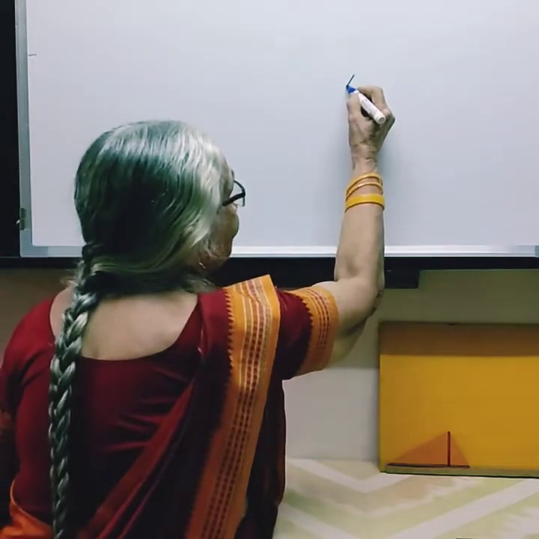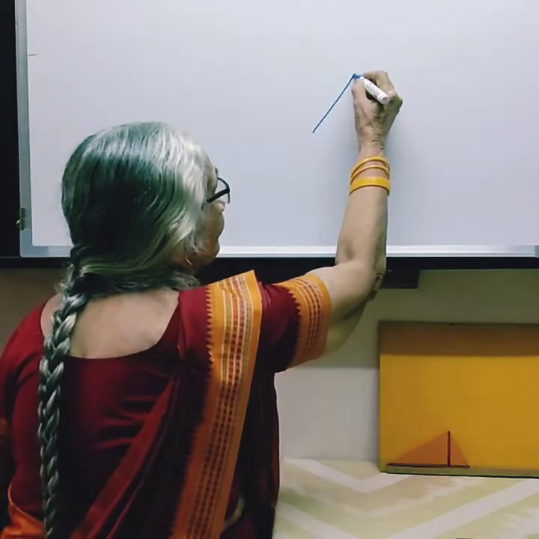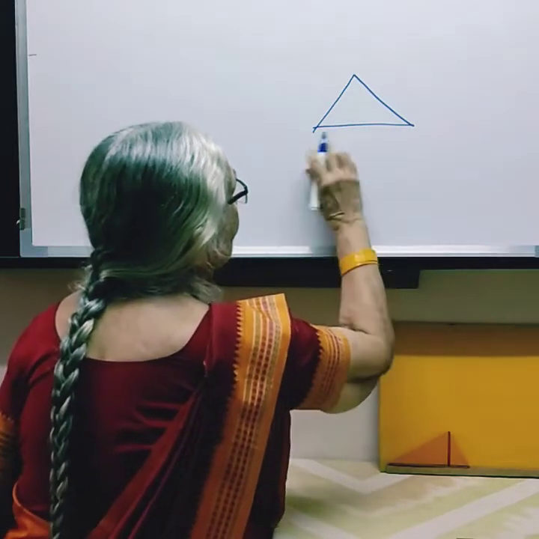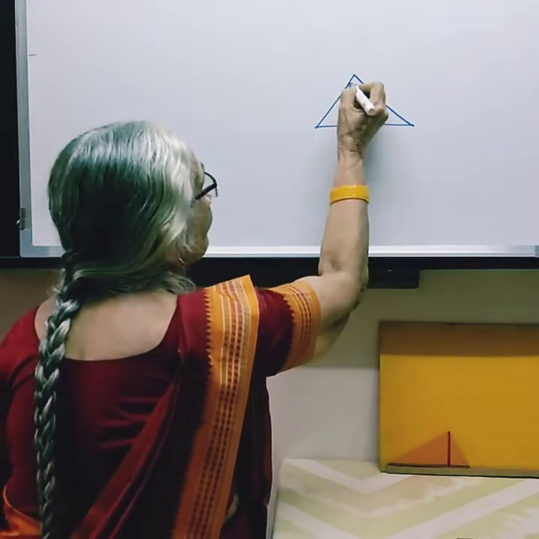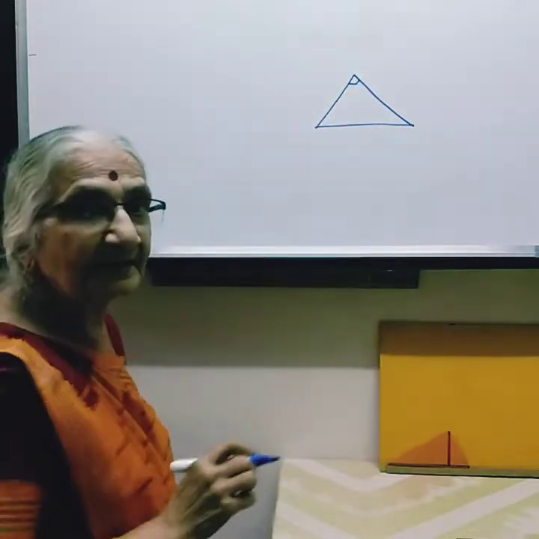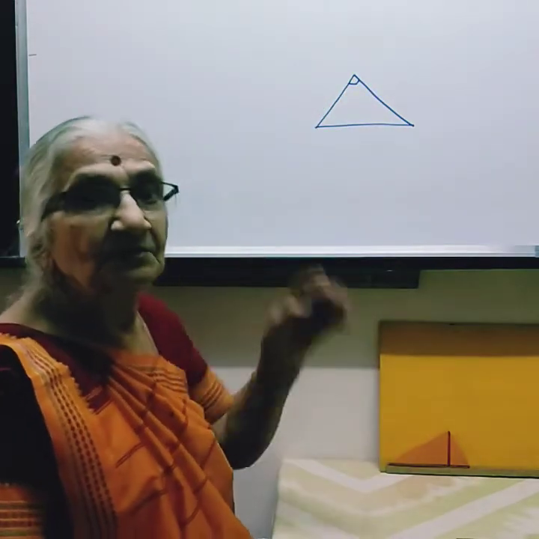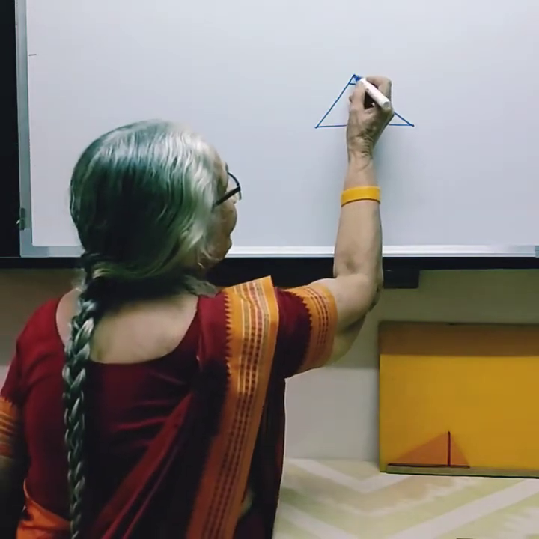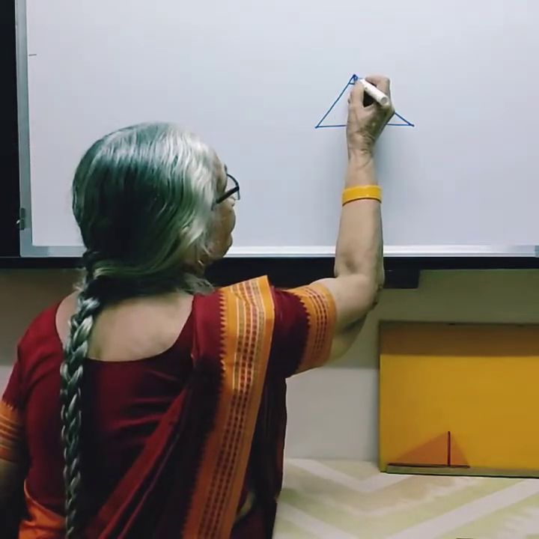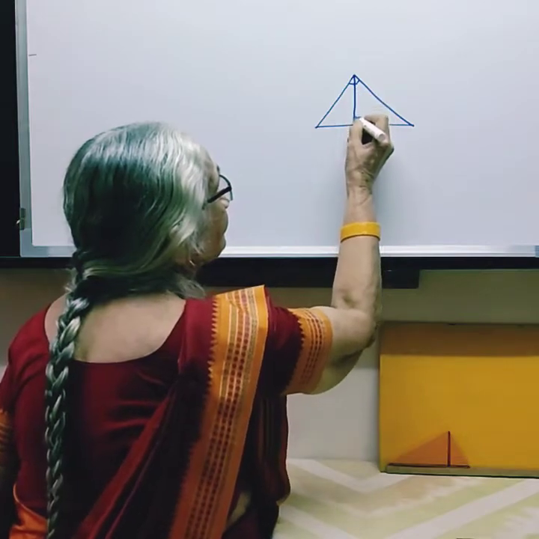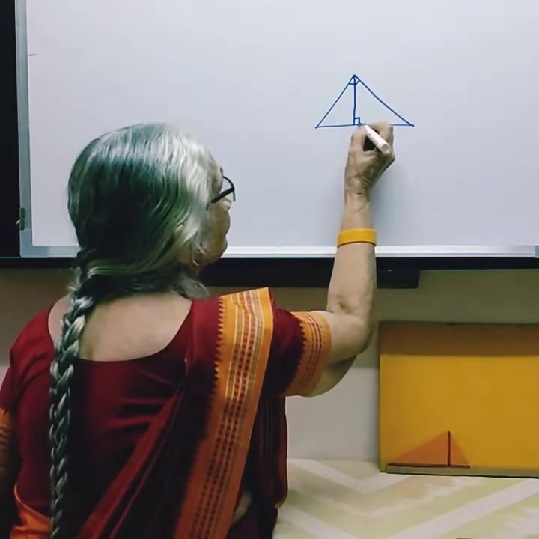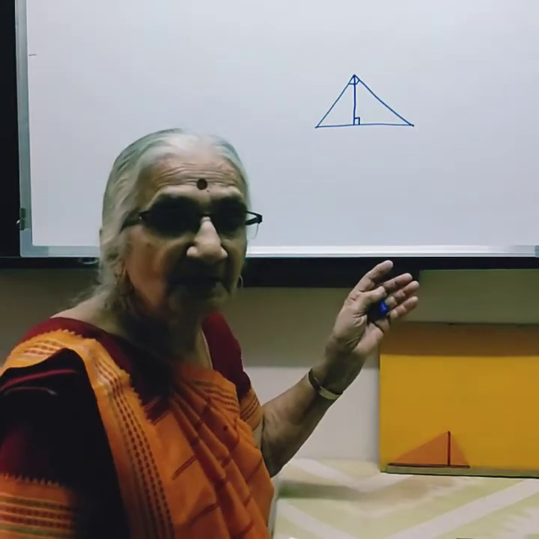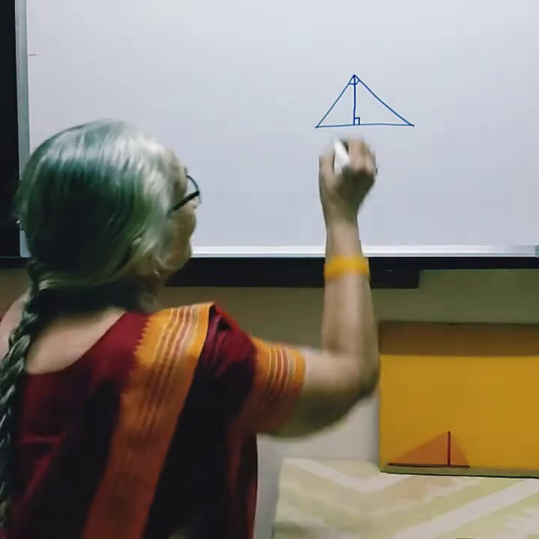That in a right triangle, you take the altitude from the right angle vertex, you take the altitude on the hypotenuse, and now we name it.